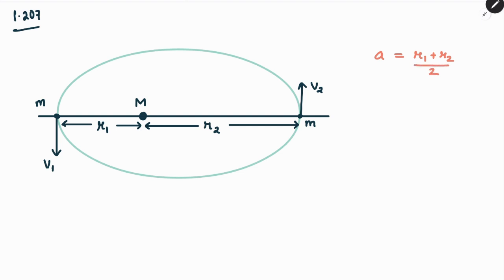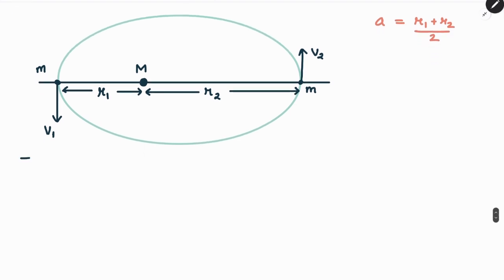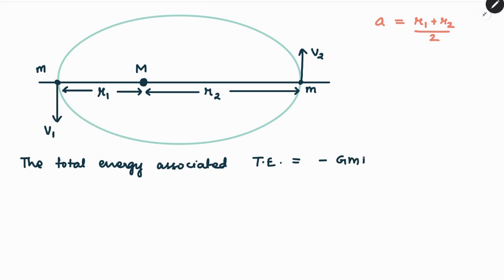So therefore, the total energy associated with this particle can be written as minus G small m capital M upon 2A, where A is the length of the semi-major axis.